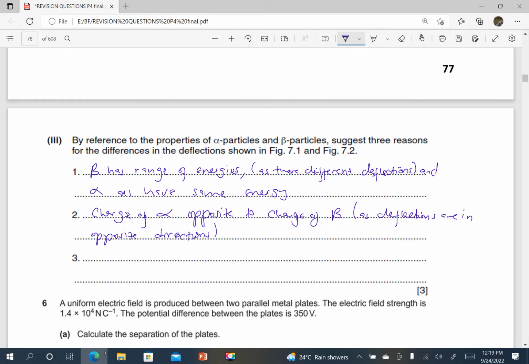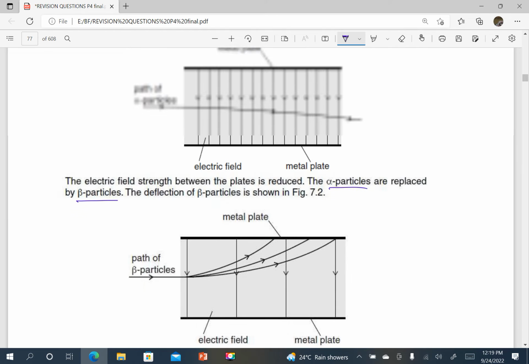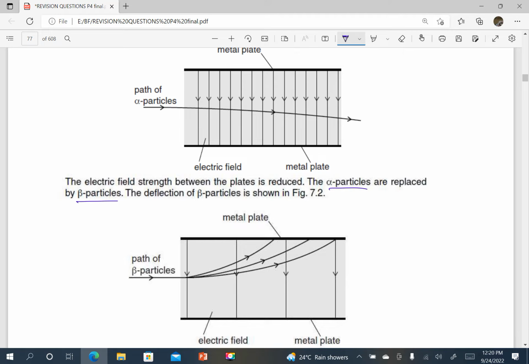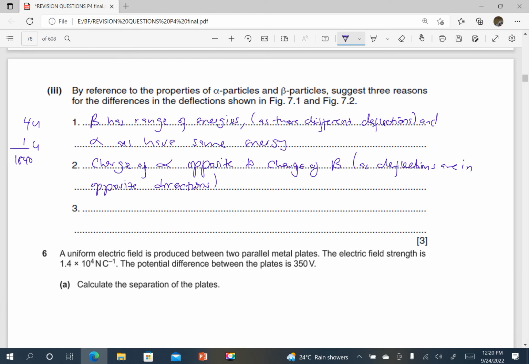Number three, we know that the mass of an alpha particle is 4u and the mass of a beta particle is actually 1/1840u. So it means alpha particles are more massive, and for that reason you notice that the deflection of beta particles is greater compared to that of alpha particles, because alpha particles are more massive than beta particles.